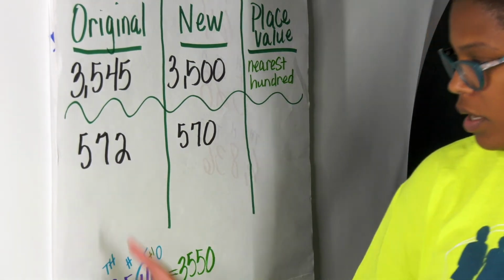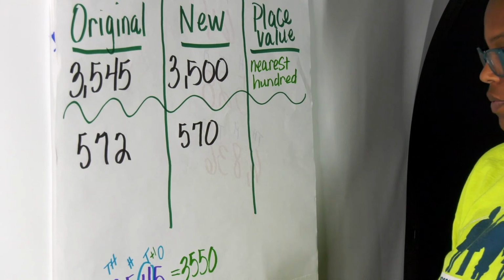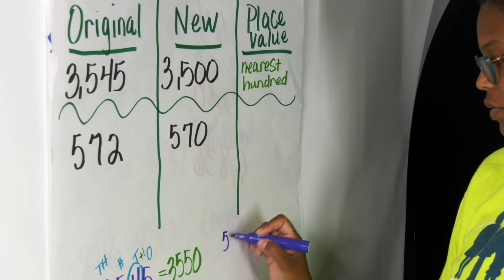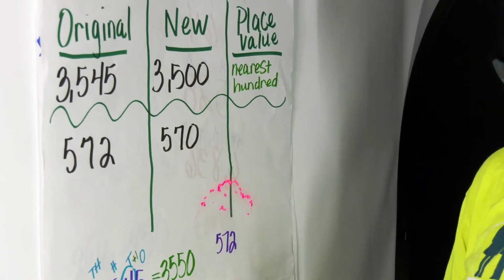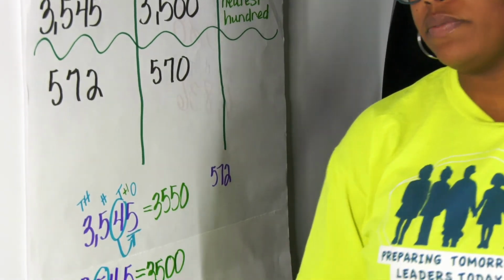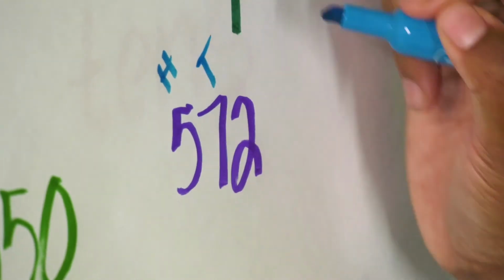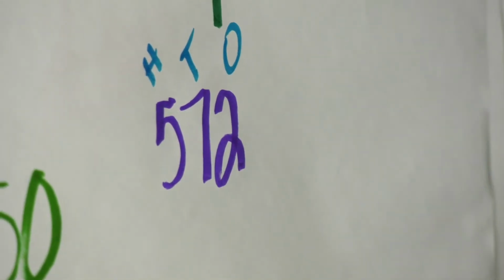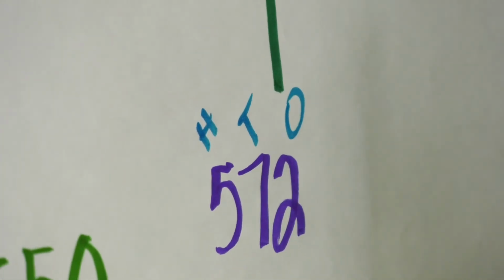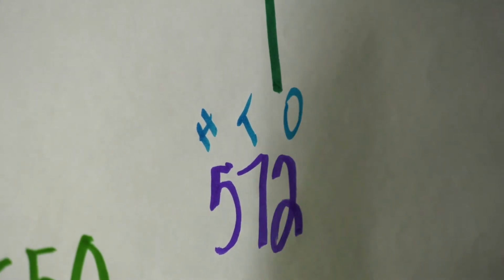So remember, start with our original number, 572. And we're going to label our place values. We have the hundreds place, the tens place, and the ones. So let's start with the hundreds place.